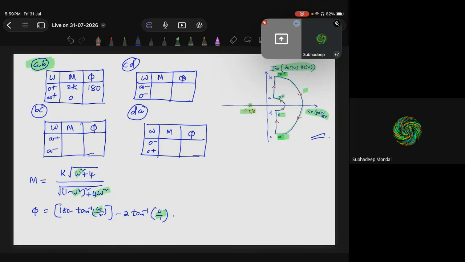The second one, when omega is equal to infinity, this will be 90, this is also 90. So what do you get finally? Minus 90. Is this correct? Any doubt?